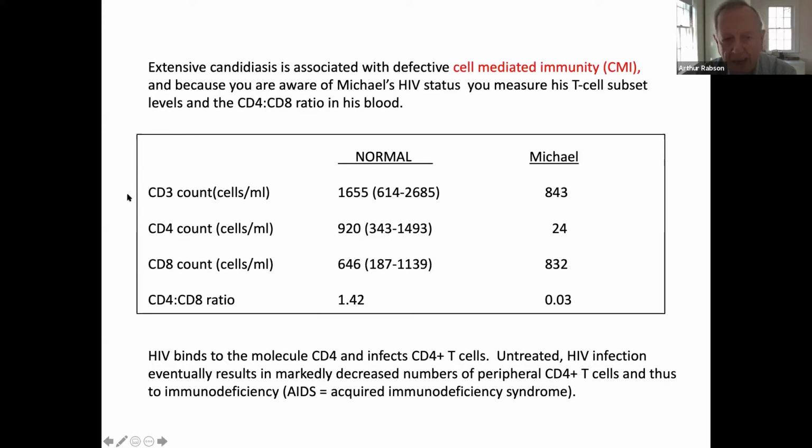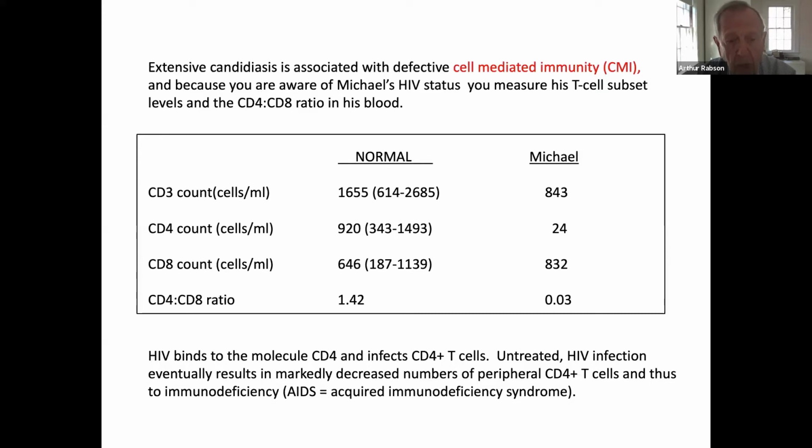And from the table, you can see that he has about half the number of CD3 positive cells, that means T cells, but markedly reduced CD4 positive cells and slightly increased CD8 positive cells with a very abnormal CD4 to 8 ratio. And this is what we used to see in HIV patients before there was any therapy.